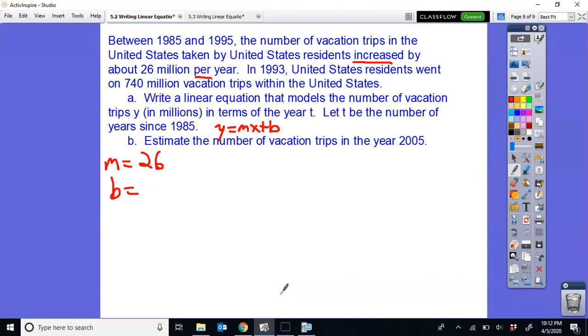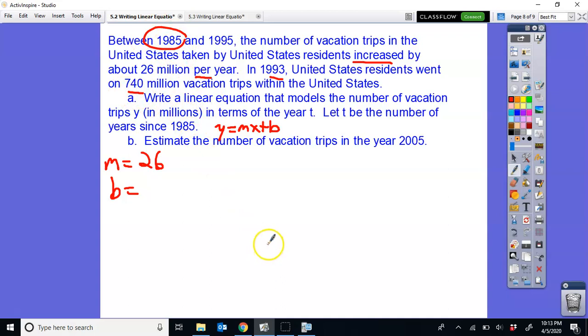Here's the tricky part. In the next sentence, you can really mess yourself up if you're not careful and think it's the beginning amount, if you don't pay attention to that little sentence down there in part A. It says in 1993, United States residents went on 740 million vacation trips. That's in 1993. That's not the beginning year.